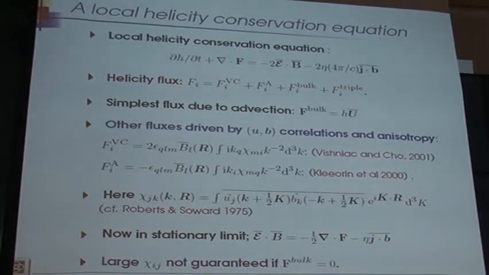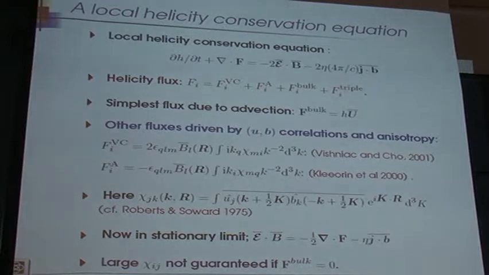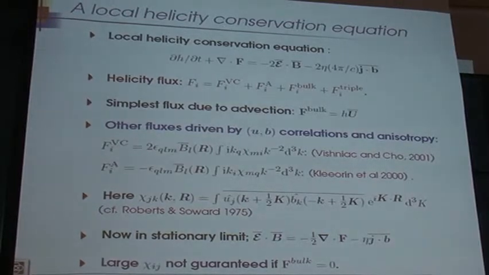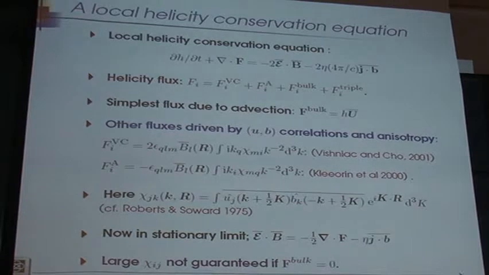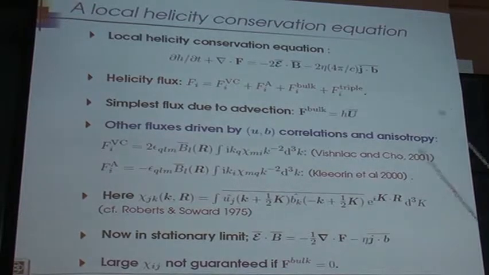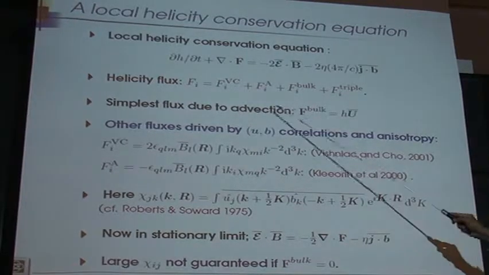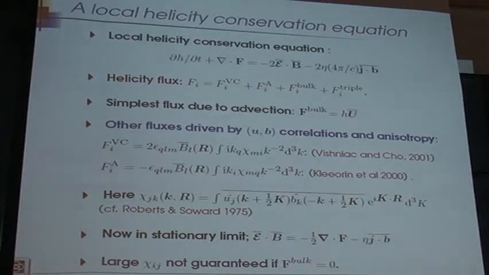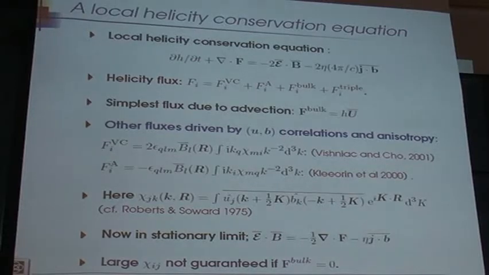That's the simplest flux. It doesn't depend upon anything except the fact that you can throw out helicity from your system or bring in helicity from somewhere else. It's helicity density. These fluxes are more complicated to imagine. In Ethan Wishniak and Cho paper, you can find a picture, and it's very difficult for me also to look at that picture and understand something.